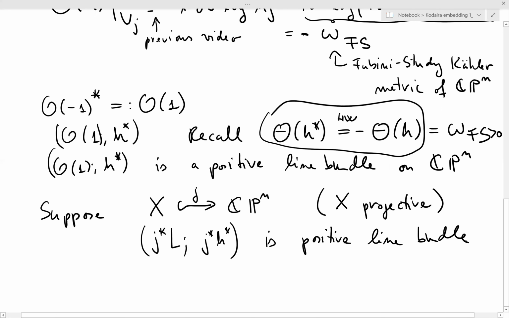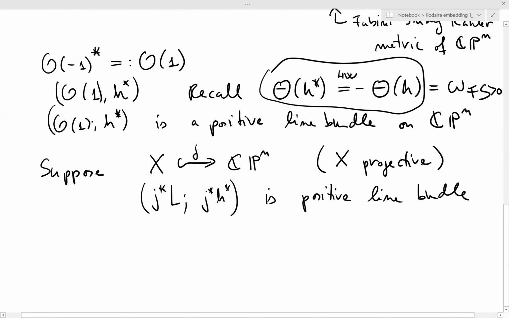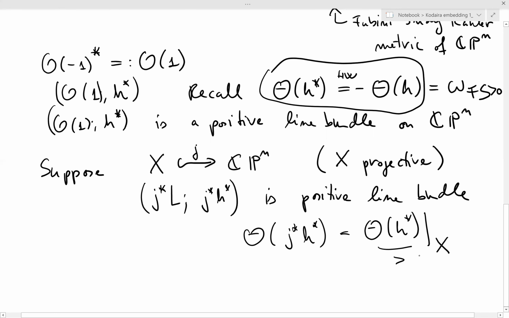And recall, this follows from the fact that we elaborated at the end of the previous video. Quite simply, the curvature of the pullback metric is nothing but the curvature of the actual metric restricted to the smaller manifold. So if this is positive definite, then this is also positive definite.